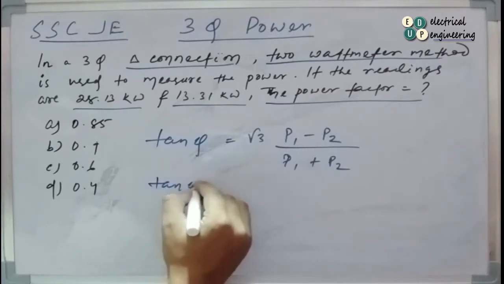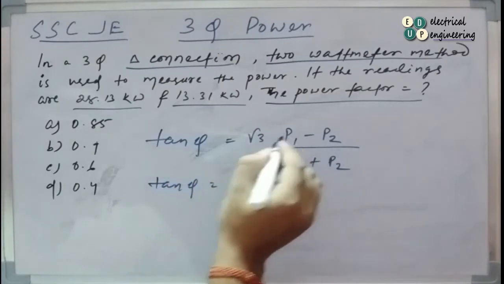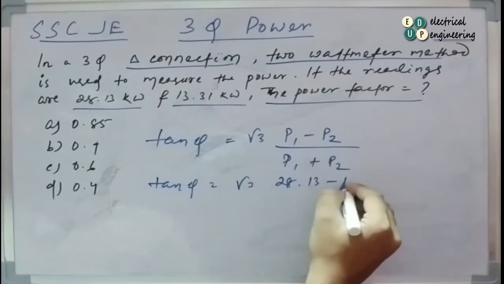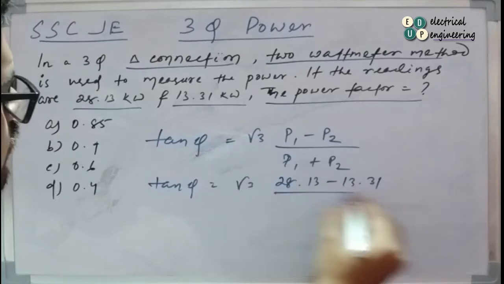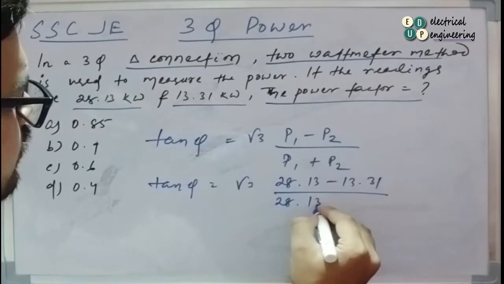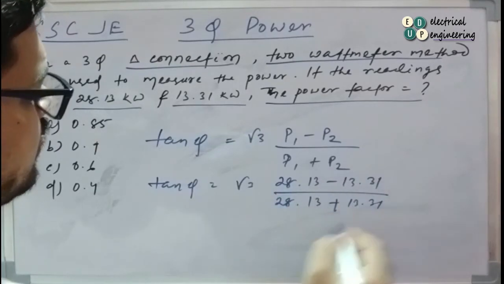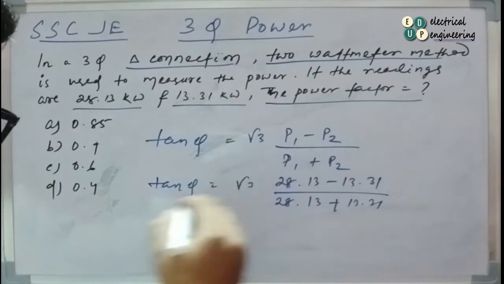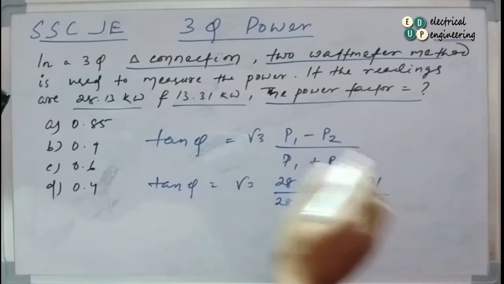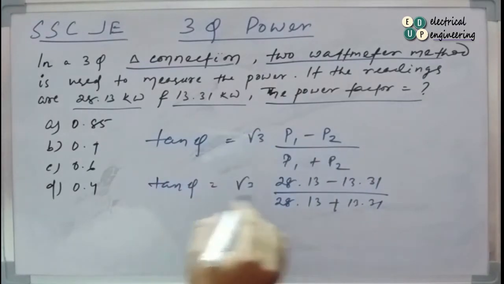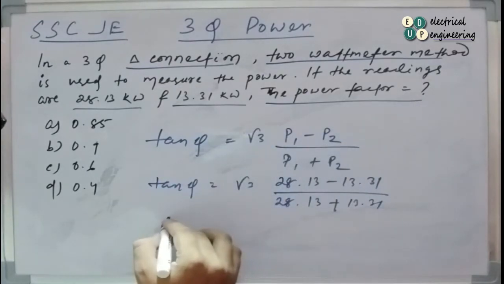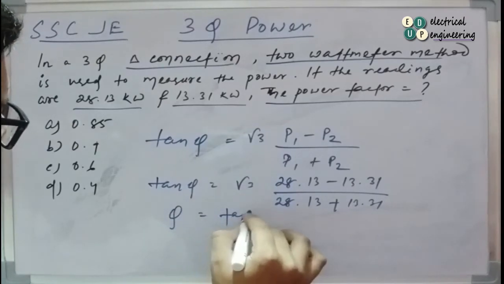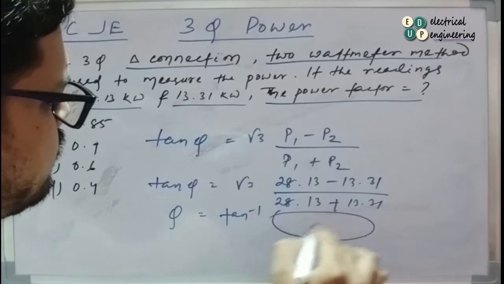So tan phi will be root 3 times (28.13 minus 13.31) divided by (28.13 plus 13.31). Just use the calculator. You'll get a value, and from there you can get the phi value by taking the tan inverse of this value.